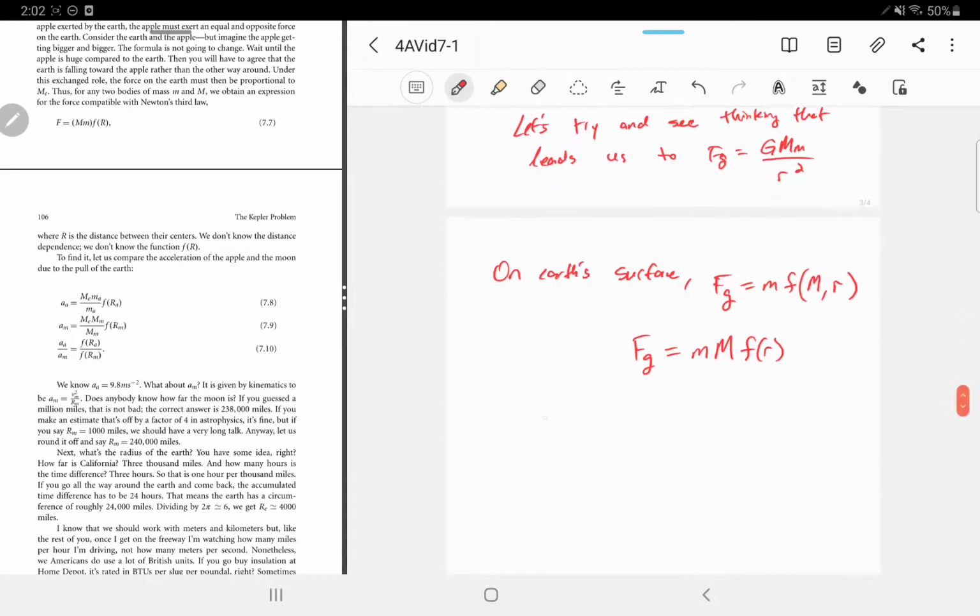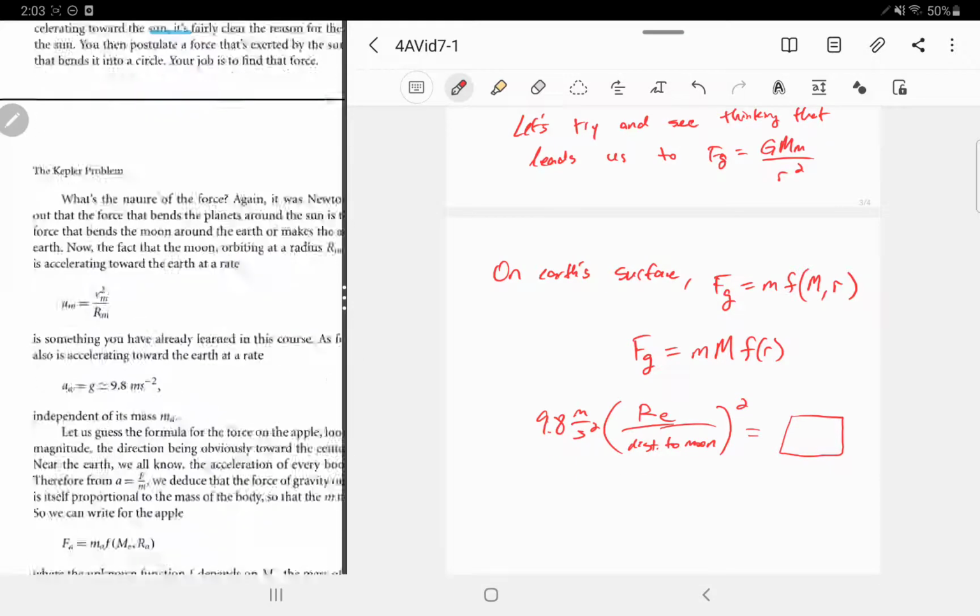If you take 9.8 meters per second squared and multiply by the ratio of the radius of the Earth divided by the distance from the center of the Earth to the center of the moon, and you square it, this gives you exactly the acceleration required for the moon to undergo circular motion at its distance.